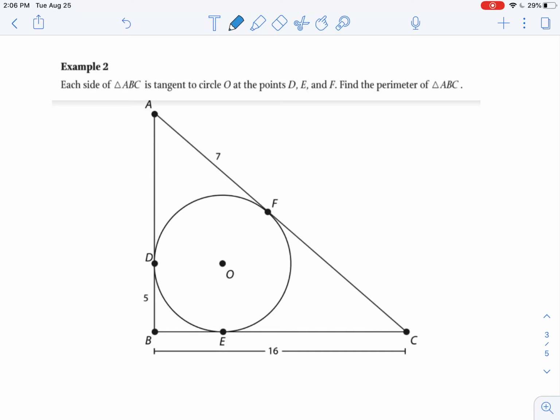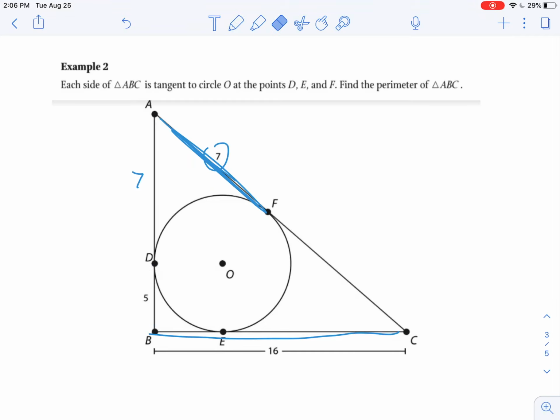Alright, so triangle ABC is the big triangle. Now I know this whole bottom segment, and I know this segment, so I have to figure out the rest. Well, using the second theorem that we saw, two tangents from an external point, if this side is 7, then this line segment also is 7.